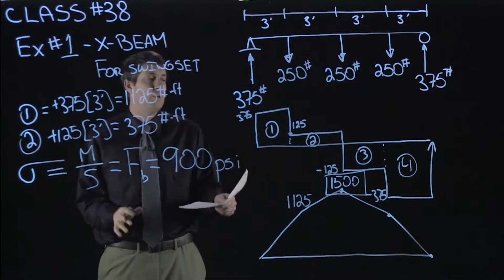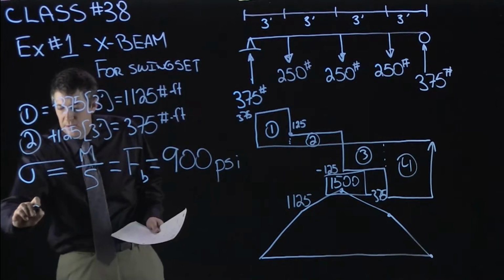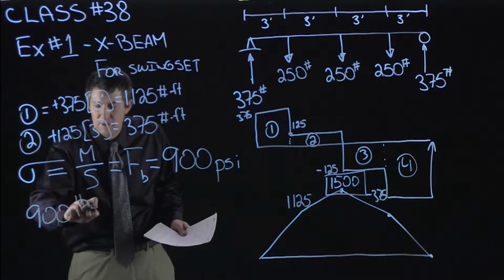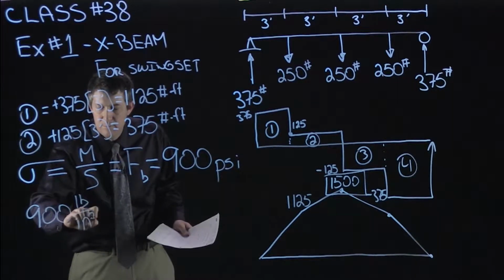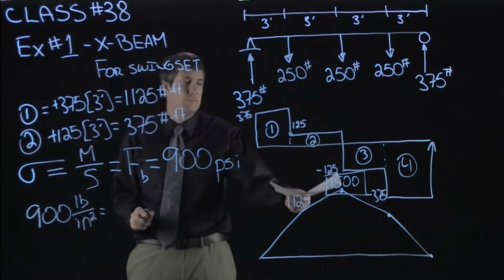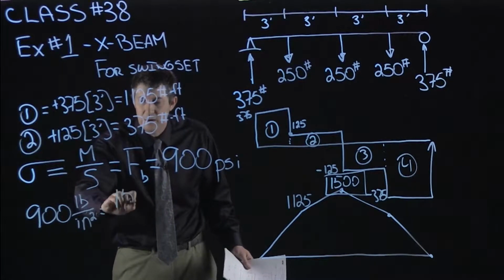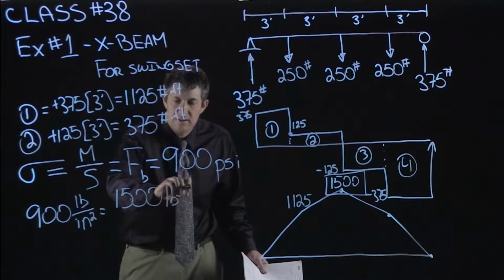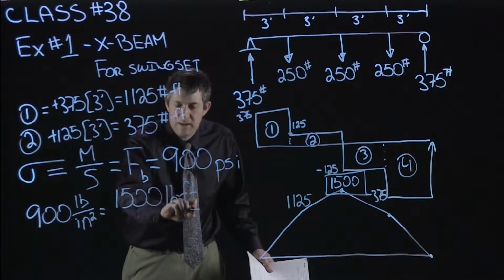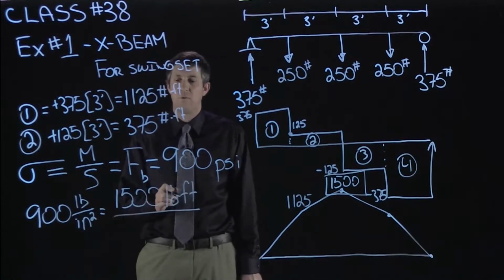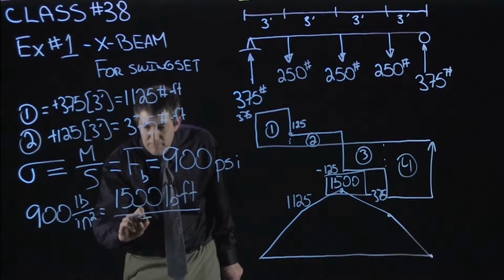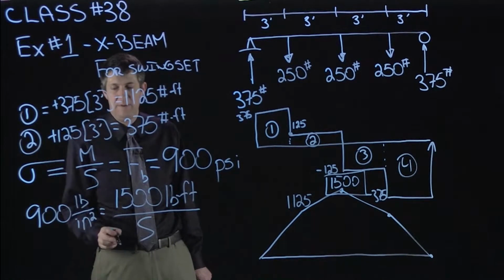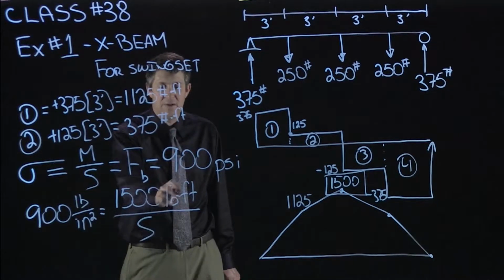So if we put in what we know, 900 is my stress, in pounds per square inch. That's going to equal my maximum moment, which is 1,500, and I have it right now as pound-feet, divided by S. Remember, the units are going to be important when I'm solving this problem. If you notice, I have pounds and inches squared on this side, and I have pound-feet on the other.